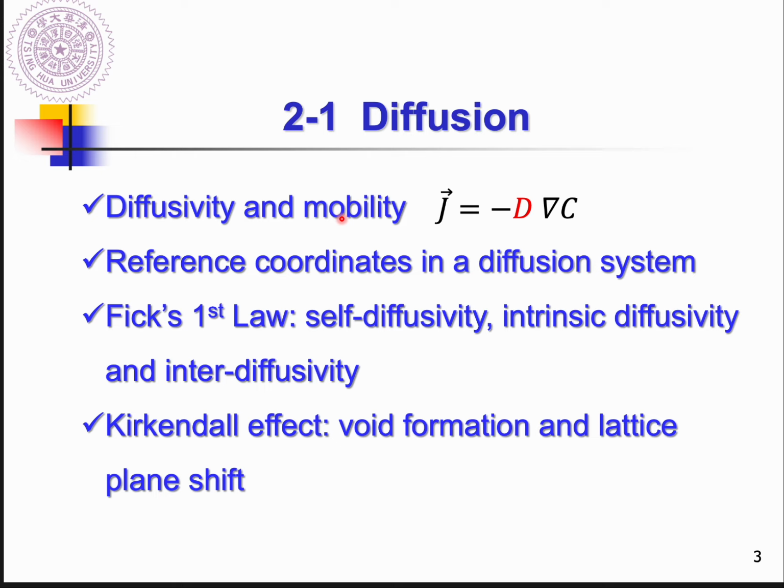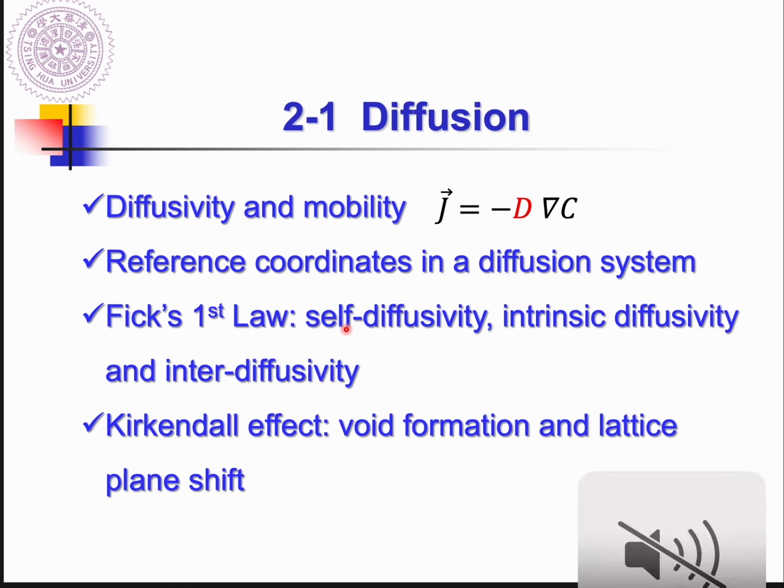And in the second part, we are going to introduce, based on different material systems and different observation coordinates, three different kinds of diffusivity.